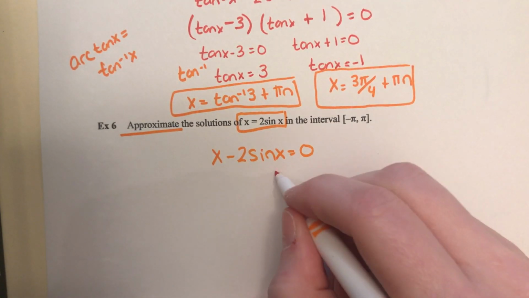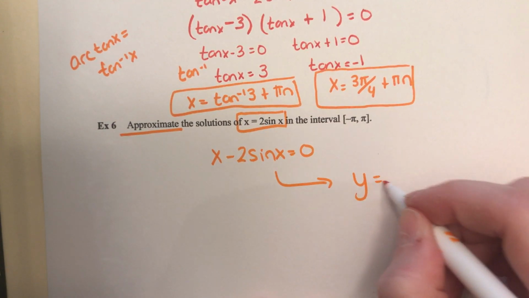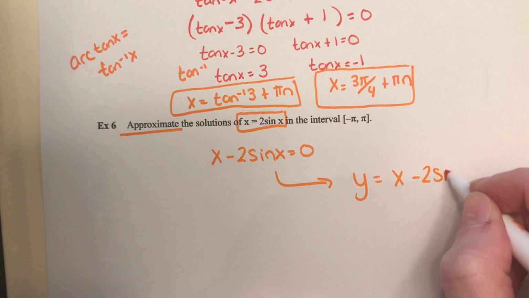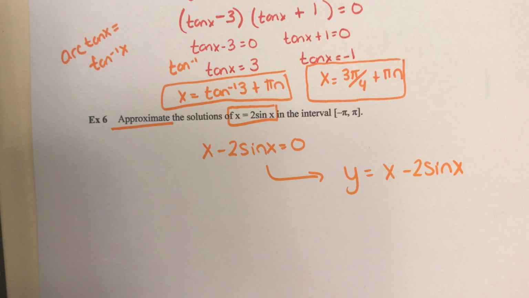So on your calculator, you would put that into your y equals. So go ahead and I'll give you a few seconds to type that into your y equals. And again, make sure you're in radians.